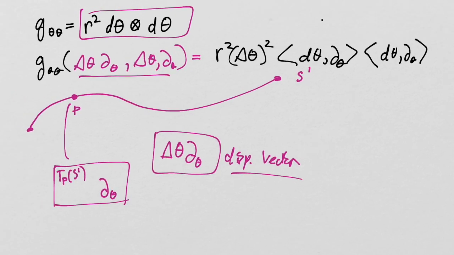And of course, these two things equal 1 by the definition of the dual space mapping. And so now you end up with r theta delta theta. And that's what we tend to call ds theta. So ds theta equals r theta d theta.